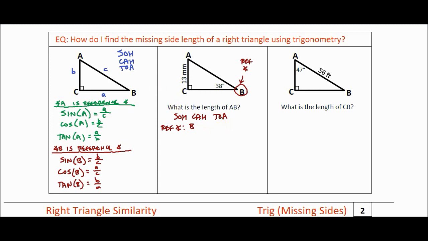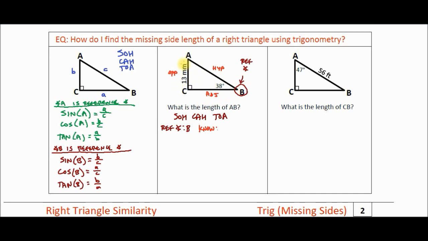Let's figure out what we know and what we want to know. I'll change color so you can see this. What side do we know? Well, if B is our reference angle, AB is our hypotenuse, always. AC is opposite, and BC is adjacent.